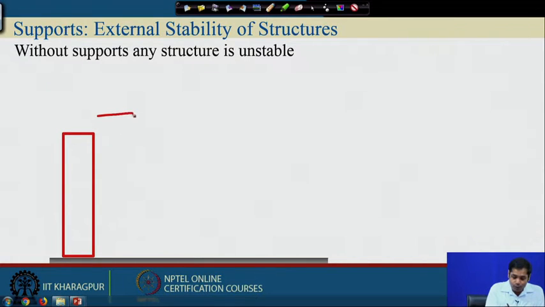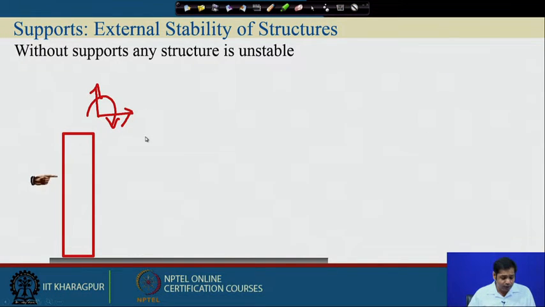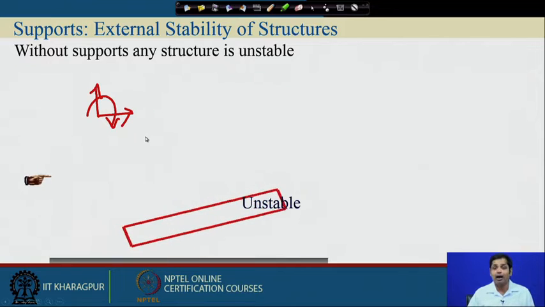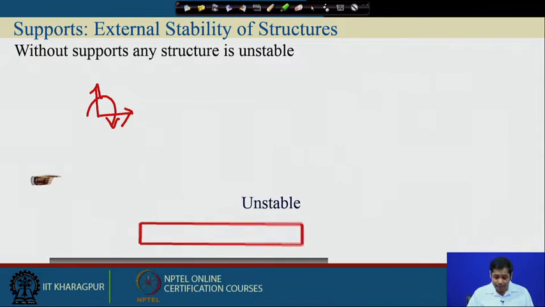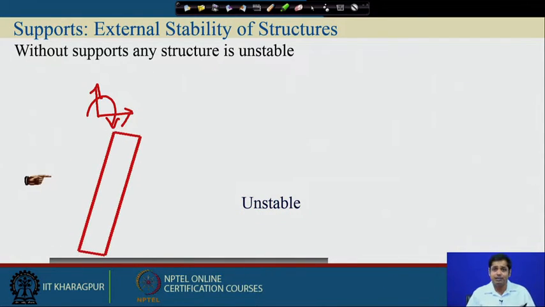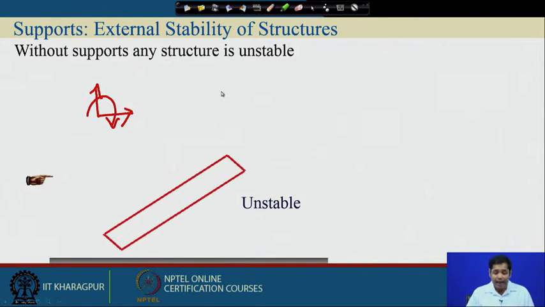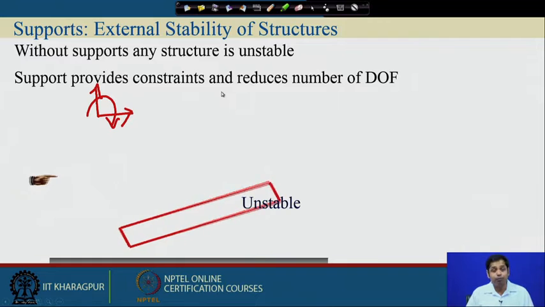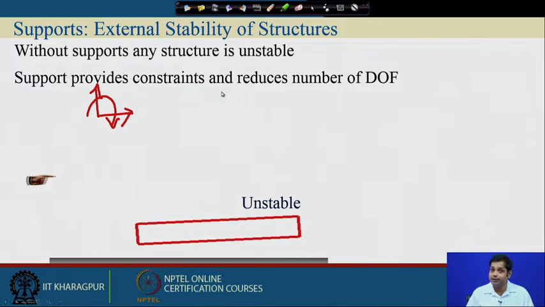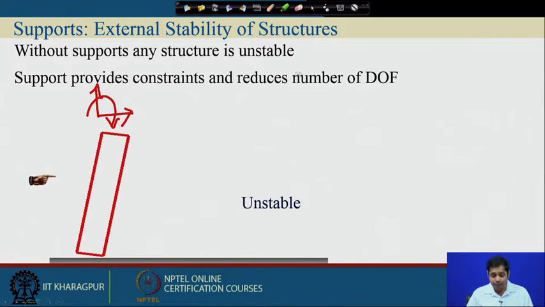But now if we apply a load, then the structure becomes unstable. But we want our structure to be stable. We don't want our structure to move freely in space, and for that we need to constrain some of its degrees of freedom, and that is done by providing supports.